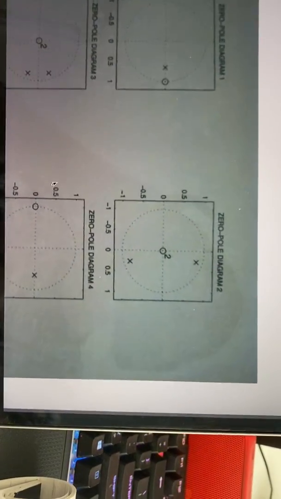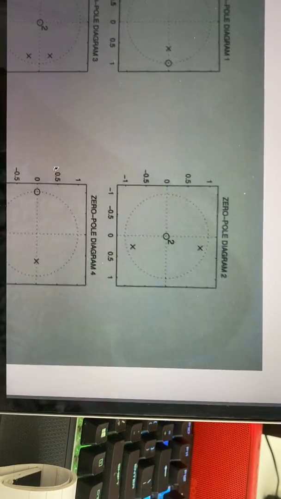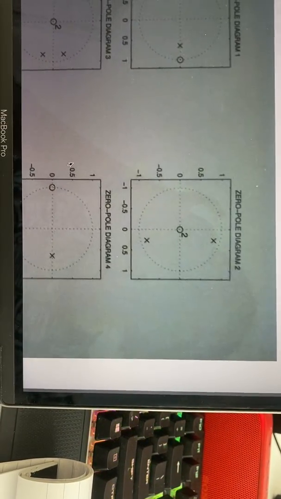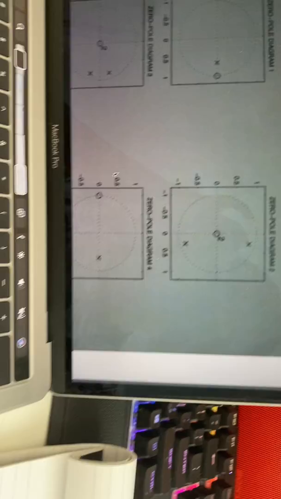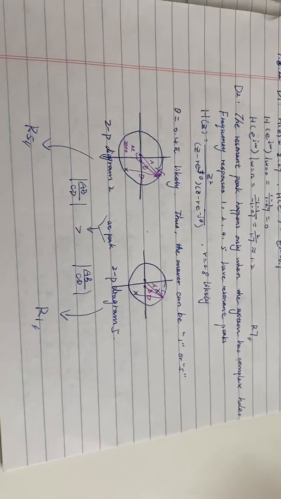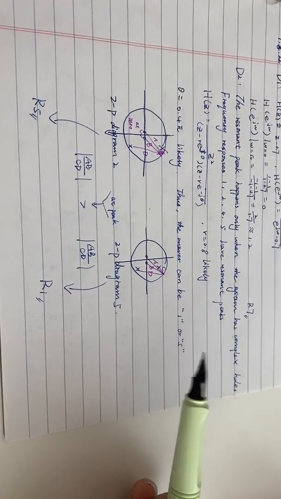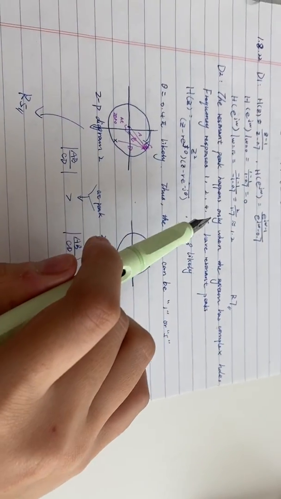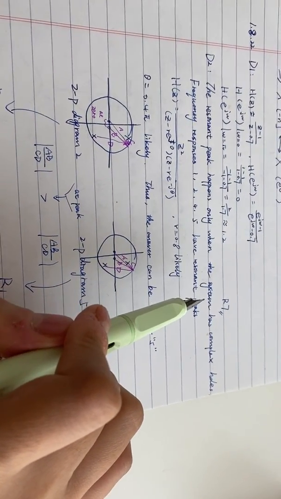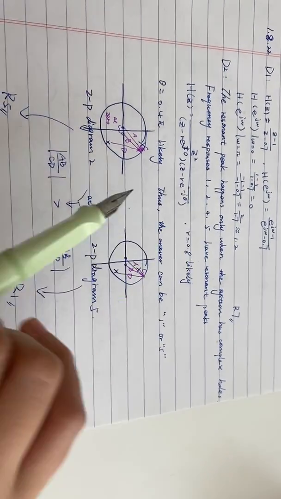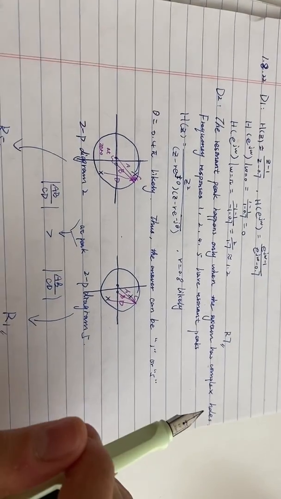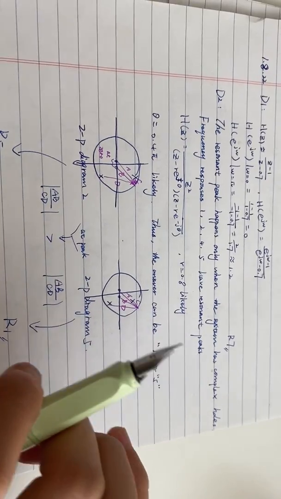And for diagram 2, here's diagram 2 with a double zero and 2 complex poles. For this question, we can get a resonant peak. A resonant peak happens only when the system has complex poles. So we have 2 complex poles here.